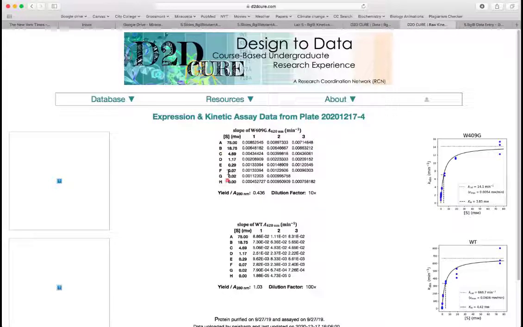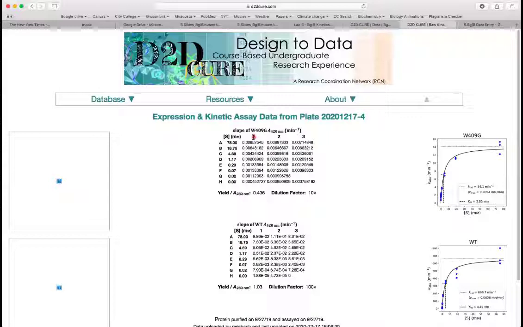So here are the substrate concentrations. And remember, the substrate is paranitrophenyl glucose. Here are their concentrations: 0.02 millimolar, 0.07 millimolar, 0.29, I don't know how they settled on these numbers, up to 75 millimolar.